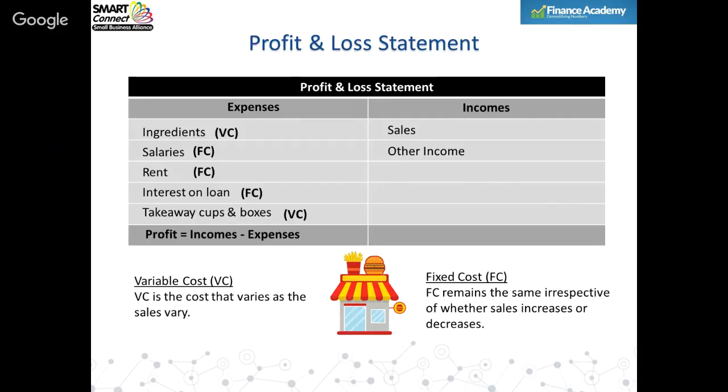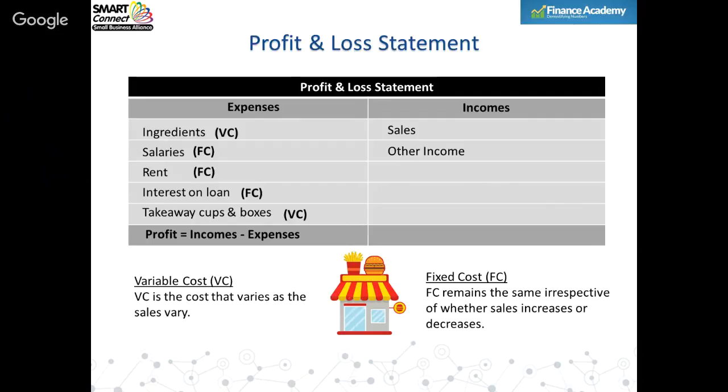Again, friends, there are many other expenses that this particular burger shop would incur, but for the example of this webinar, I'm limiting it to a few expenses. Doesn't matter, you might have 10, 20, even 100 expenses. You can see them on the profit and loss statement. All of them can be broken down into either variable cost or fixed cost.